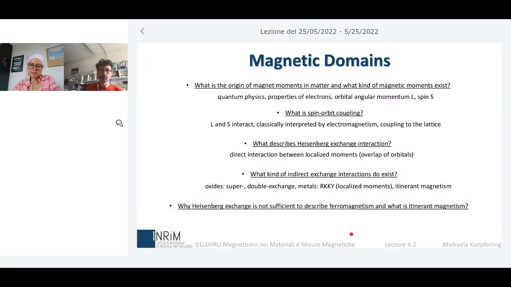Exactly this is the point, because in most of the ferromagnetic materials, the 3D materials for example, we don't have a very strong overlap of orbitals. The overlap of orbitals is very tiny, and we cannot sufficiently describe ferromagnetism in iron, nickel, and cobalt by this localized exchange interaction. So this SD interaction is very important.